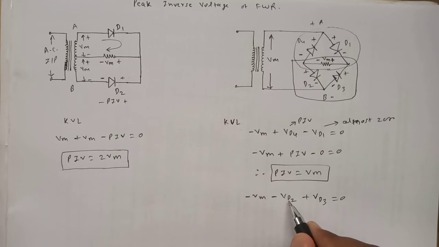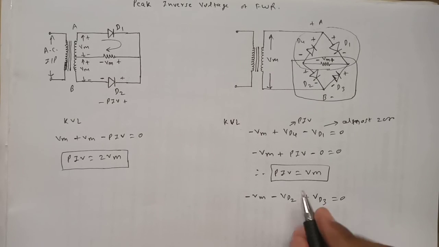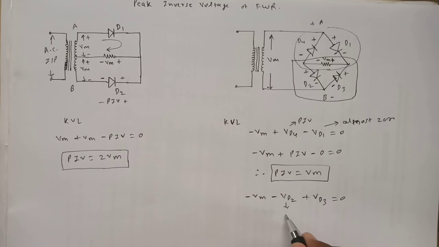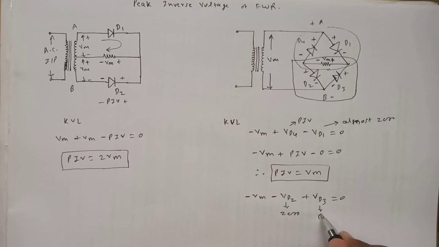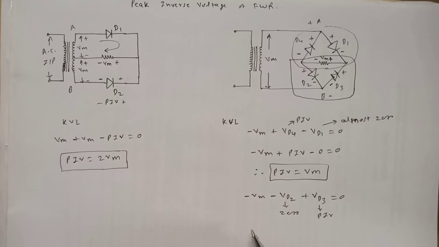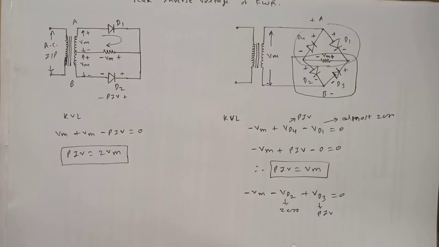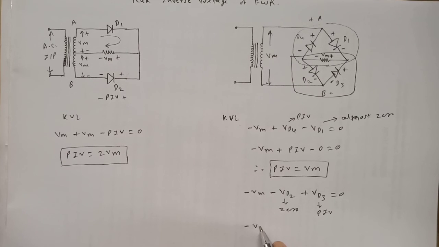This diode is forward bias, so it is almost 0. Actually it's forward bias, so 0.7. What about D3? It is reverse bias, so its voltage we are considering as the peak inverse voltage. If I put in all these values, the equation is minus Vm, this is 0 so I will not write it, plus VD3 is equal to 0.